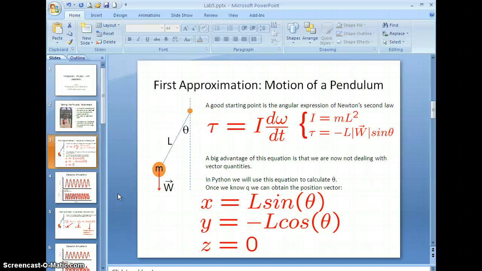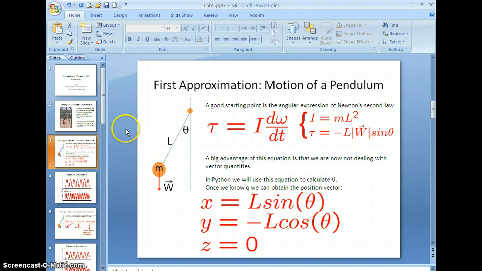A good starting point is the angular expression of Newton's second law, which states that the torque is equal to the moment of inertia times the time derivative of the angular velocity. In this case, the moment of inertia is ml squared, and the torque has a sinusoidal expression with respect to the angle that the pendulum makes with the vertical axis.